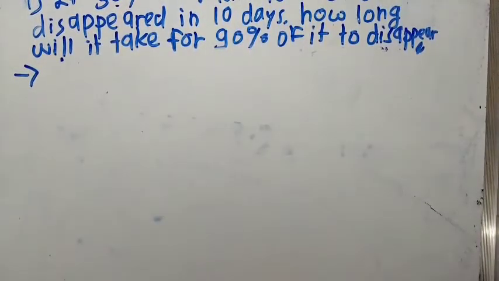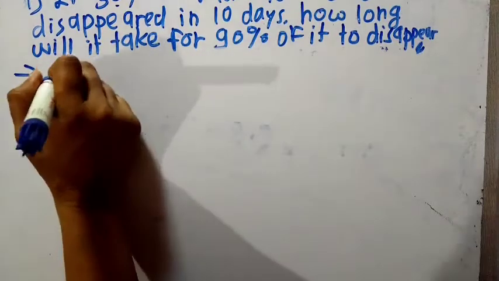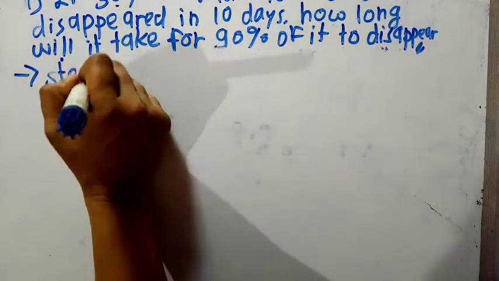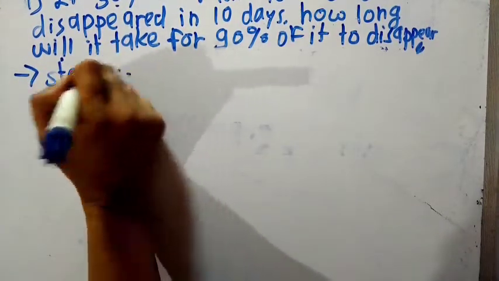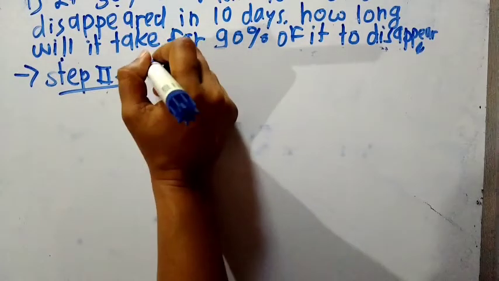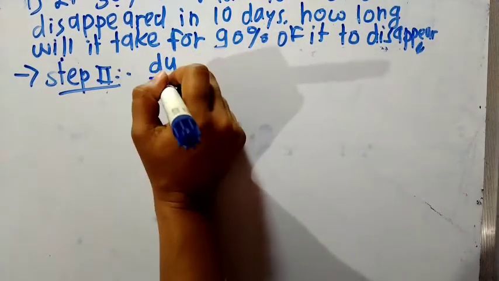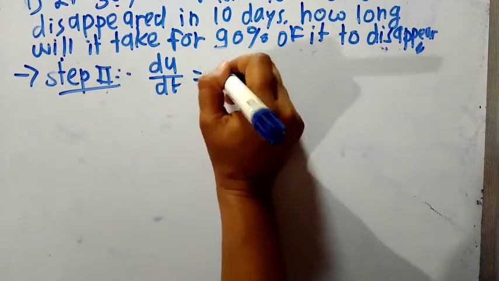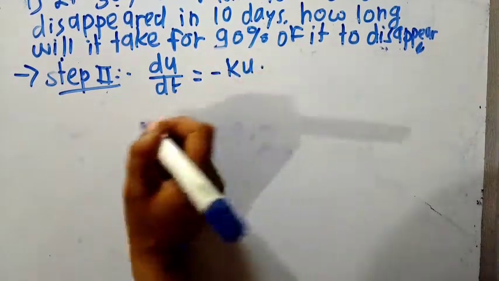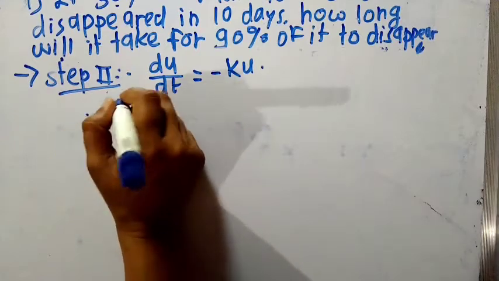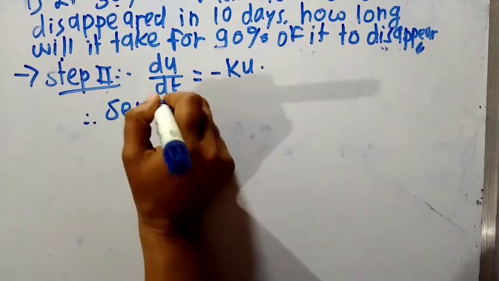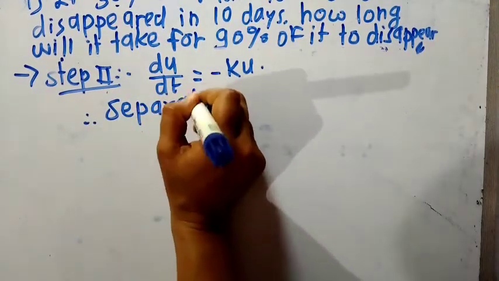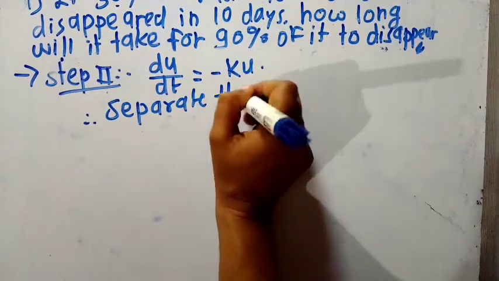Step second is du by dt, which is equal to minus k into u. It is the rate of decay. Then separate the variable.